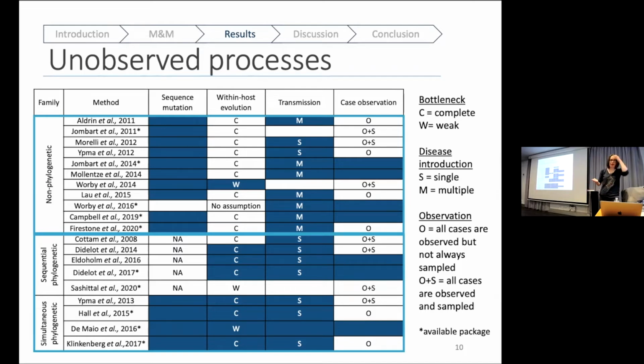For instance, that all cases were observed and sampled in the case observation column, O for observed and S for sampled, or that a single introduction event took place, as shown by the S in the transmission column, or finally that the transmission bottleneck was complete, as shown by the C in the within host evolution column.